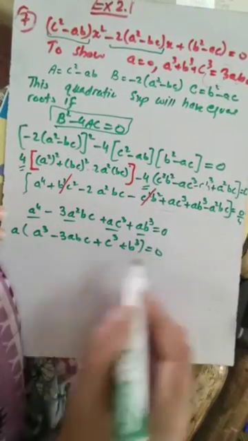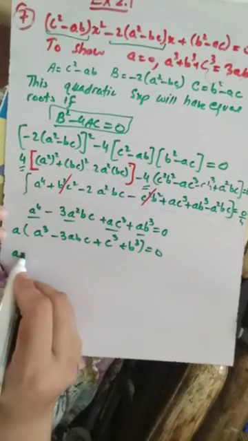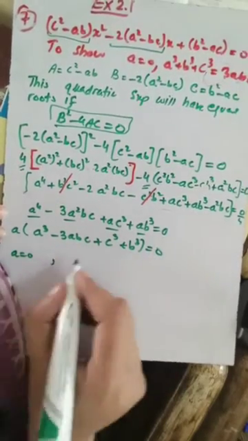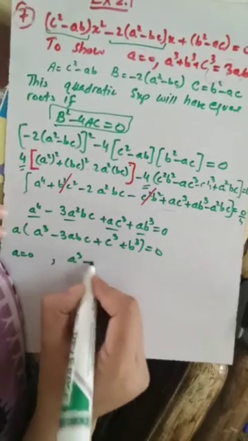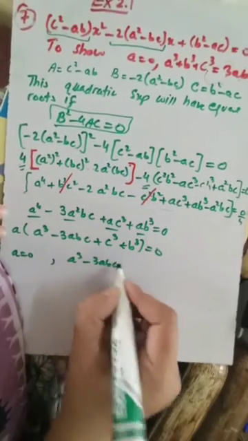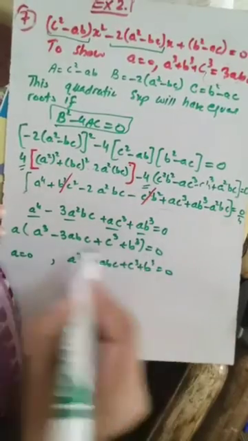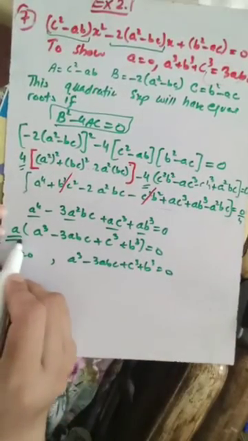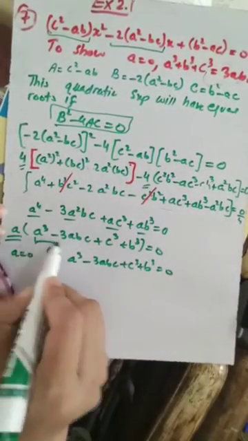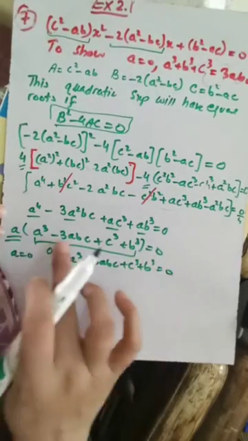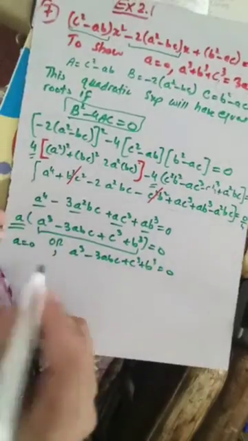Now this factor is equal to 0. If either a is equal to 0, then 0 into this will make it equal to 0, or a cube minus 3abc plus c cube plus b cube is equal to 0. So this product will be equal to 0 if either a is equal to 0 or this whole expression is equal to 0. Then 0 into a will be 0, or if a is equal to 0, 0 into this expression will be equal to 0.